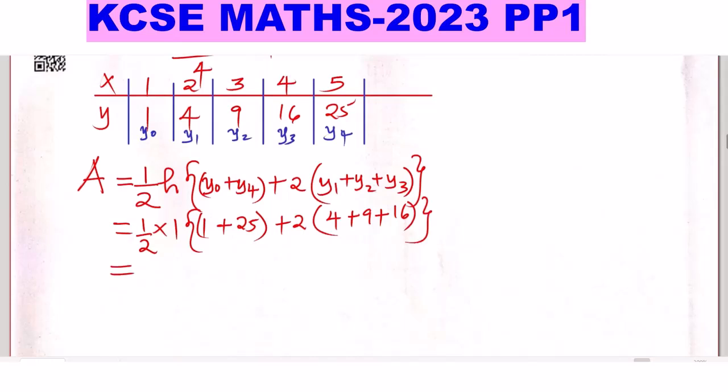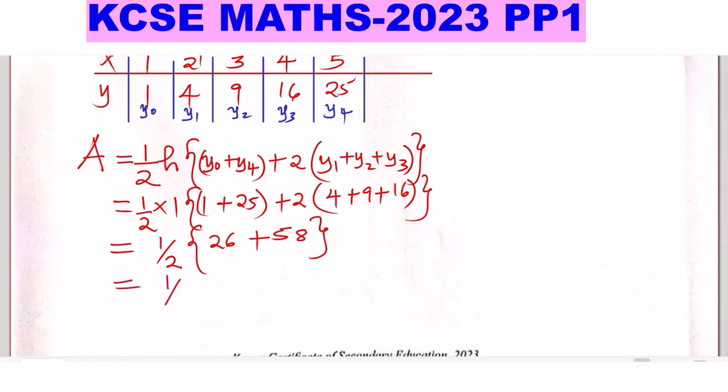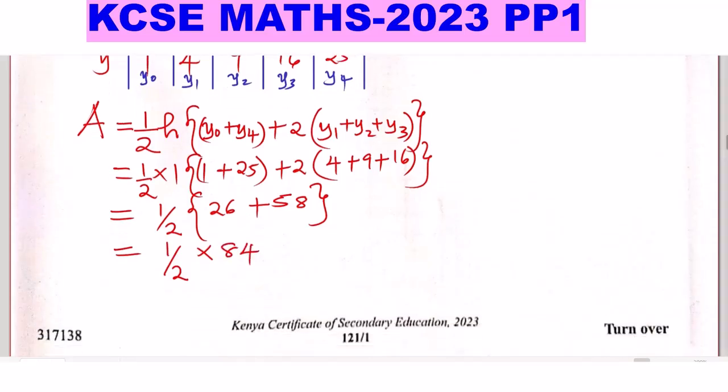That equals half times 1, then 1 plus 25 gives 26, plus we add these: 4 plus 9 is 13, 13 plus 16 is 29, 29 times 2 gives 58. Then we have half times the sum, 26 plus 58, which gives 84. So half of 84 will give 42 square units.